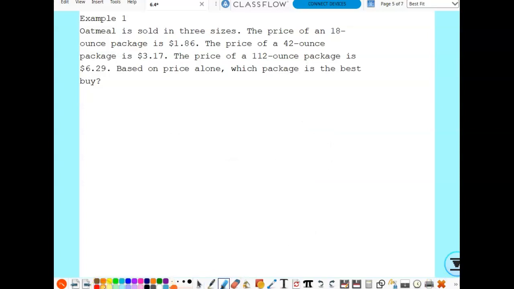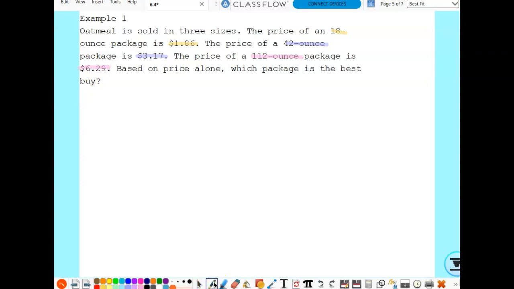We've got the 18-ounce for $1.86, a 42-ounce for $3.17, and a 112-ounce package for $6.29. We just want to pick which one is the best buy.